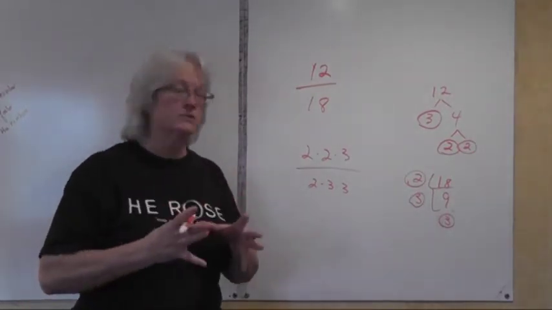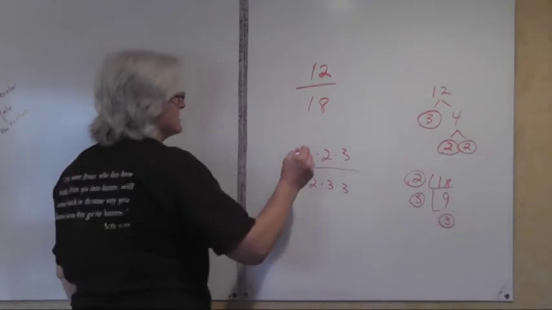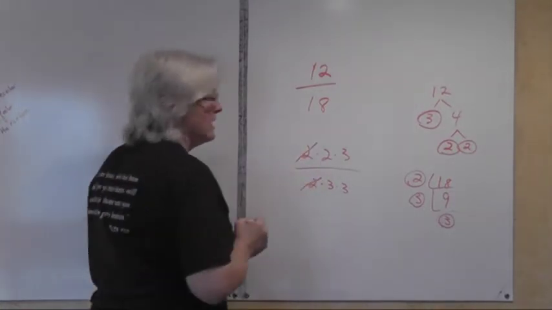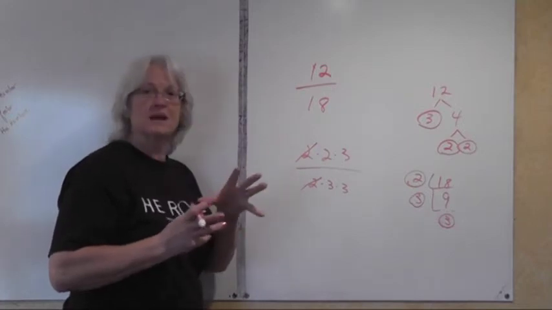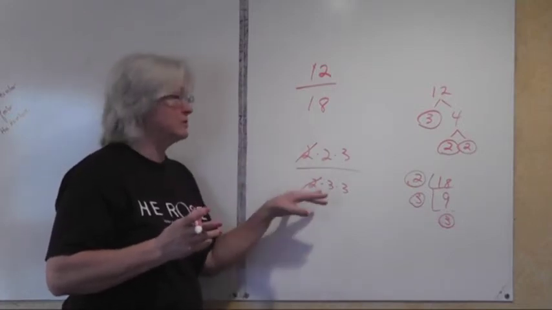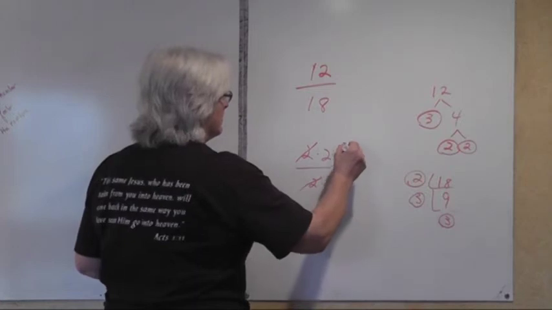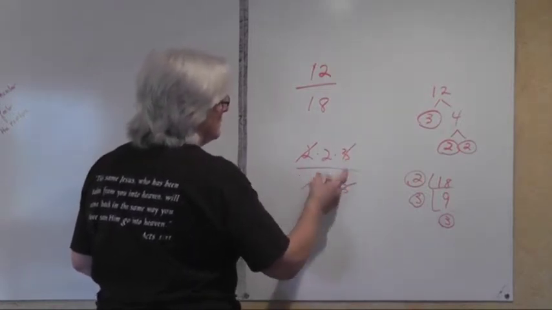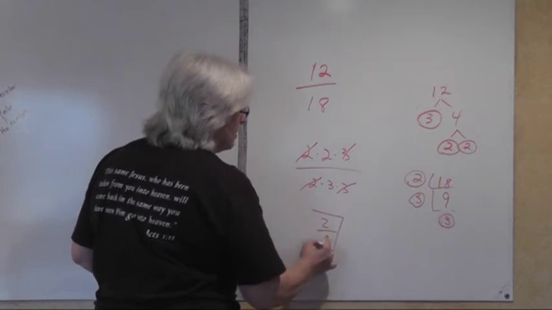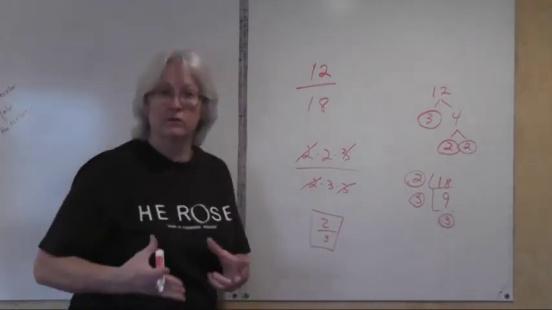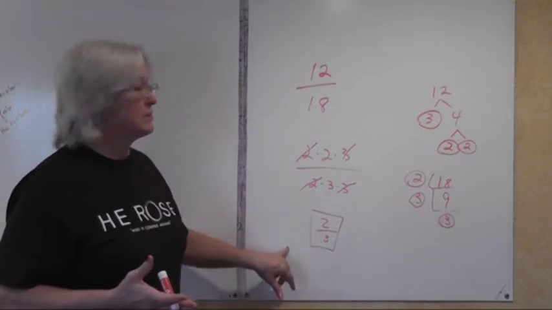Then we learned that canceling common factors means that if you have the same number in the numerator as you do in the denominator, you can cancel those out because that's just the same as multiplying by 1. 2 divided by 2 is 1. 3 divided by 3 is 1. Then you rewrite this fraction where you are only showing the factors that are remaining, which is 2/3.